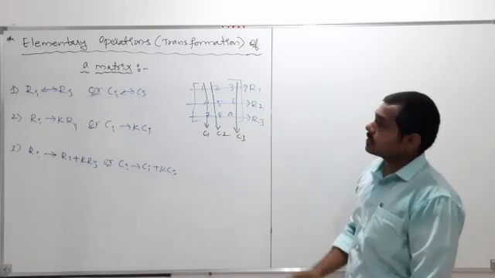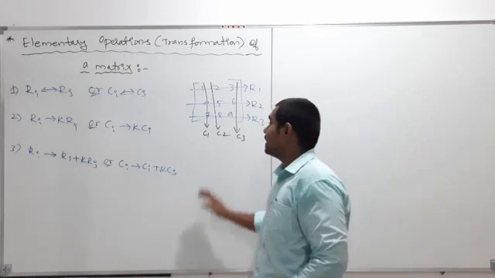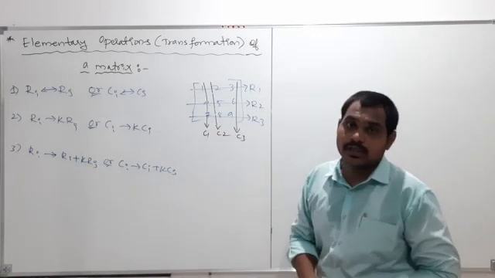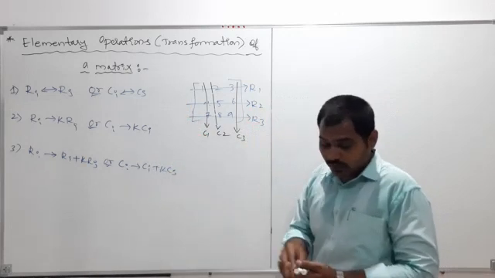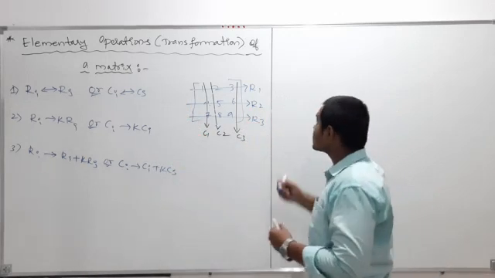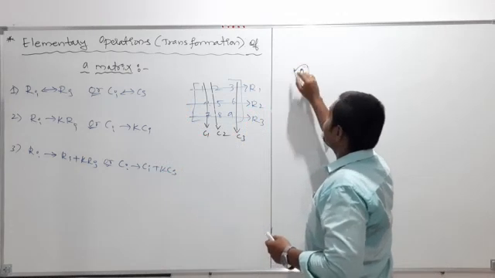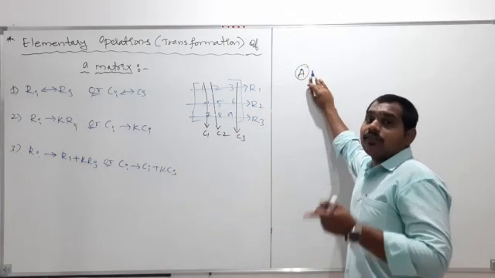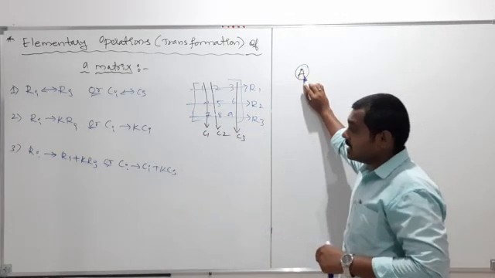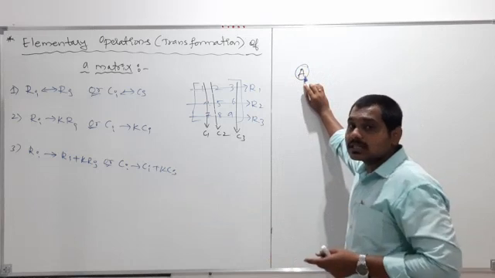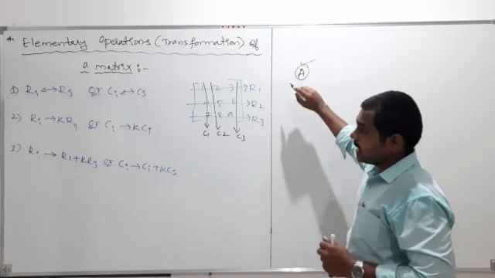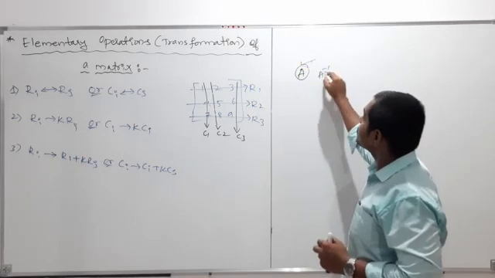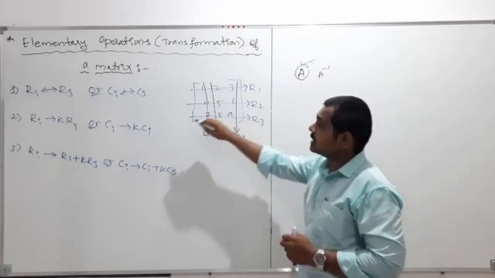And now my dear students, we will discuss questions based on these elementary operations. And please remember, these operations I am going to use to find the inverse. They will give you one matrix A. If I want to find the inverse of this, that procedure I am going to tell. For any matrix A, to find the inverse, we will use this rule.